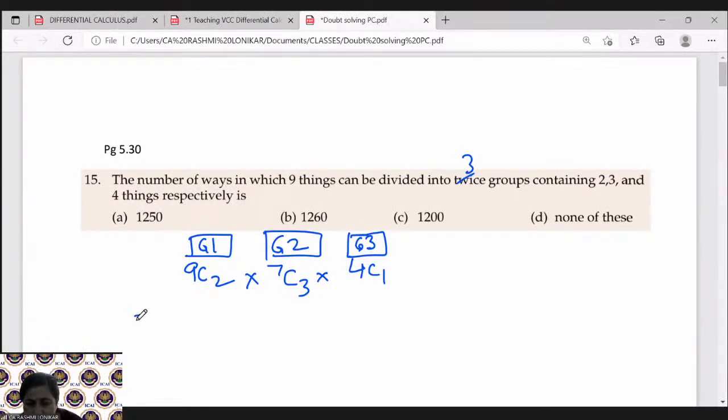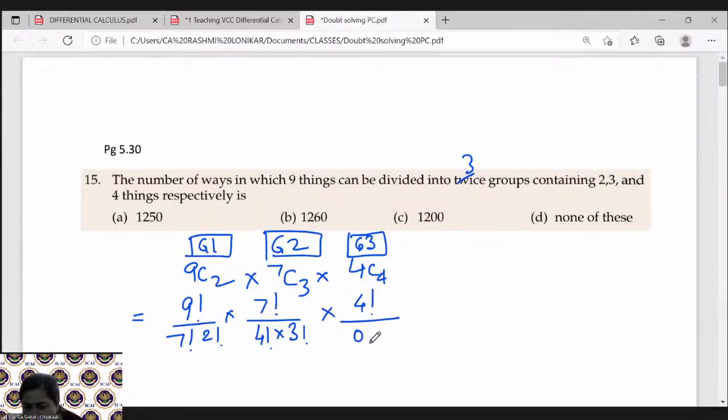Now 9C2 is 9 factorial upon 7 factorial into 2 factorial, into 7 factorial upon 4 factorial into 3 factorial, into 4C4. So 4 factorial upon 0 factorial into 4 factorial, because 4C4 is remaining 4 things and I have to put them in the group.